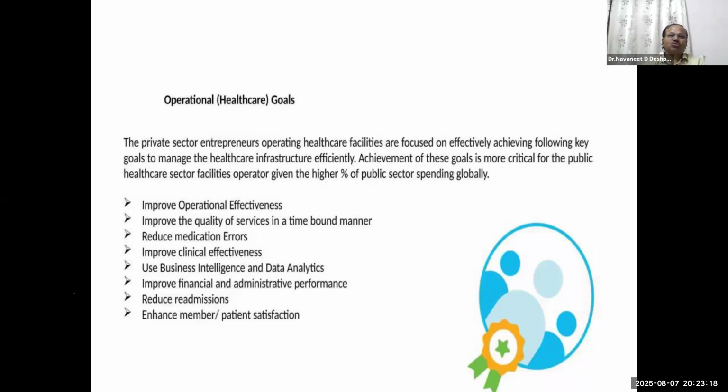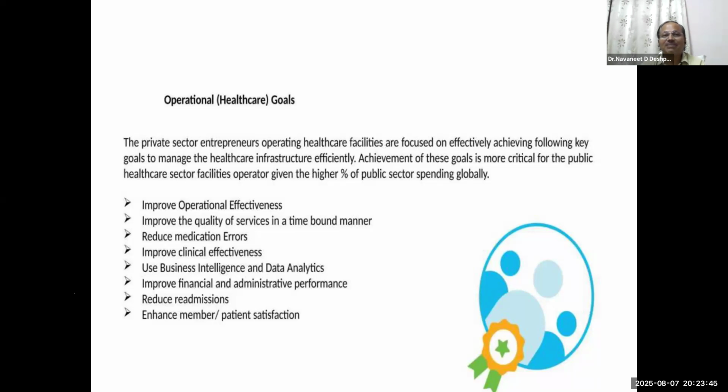A short course in this will go a long way in helping you stay stabilized in this kind of field. Improve the financial and administrative performance inside the hospital, then reduce readmissions, so we're not calling the same patients again and again. Then handle the outpatient department, OPD. Then enhance member and patient satisfaction.